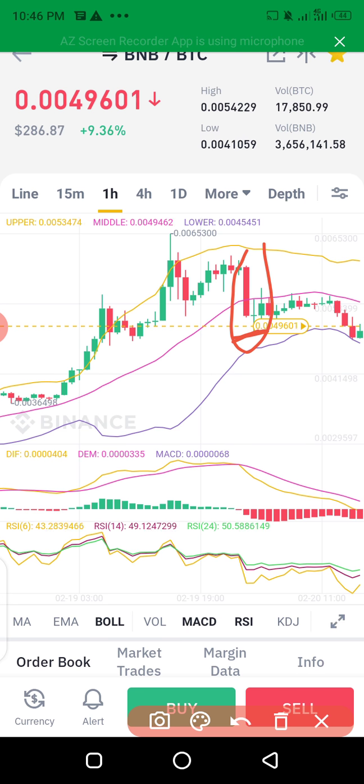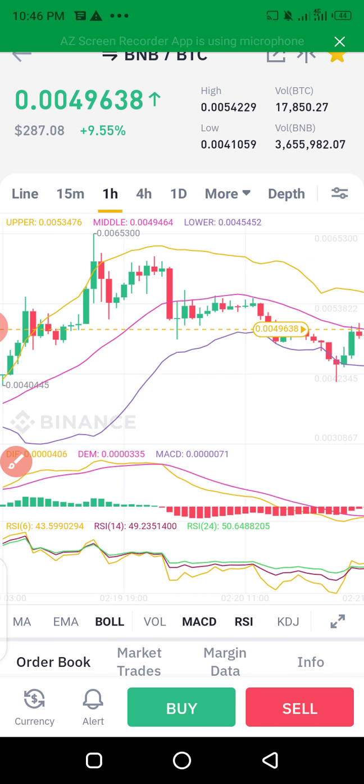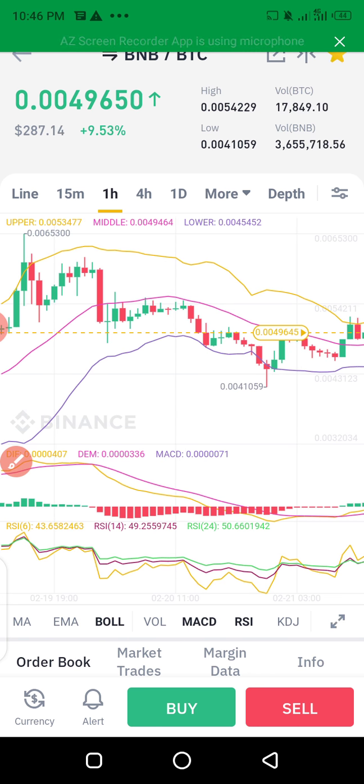As you can see here, it has signaled that the market has left an upward trend.